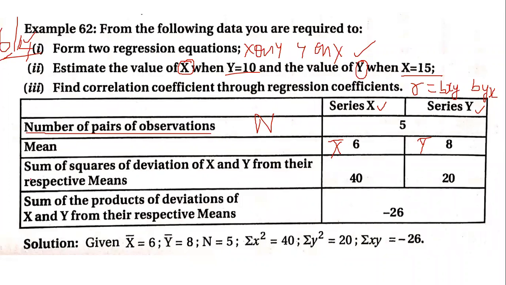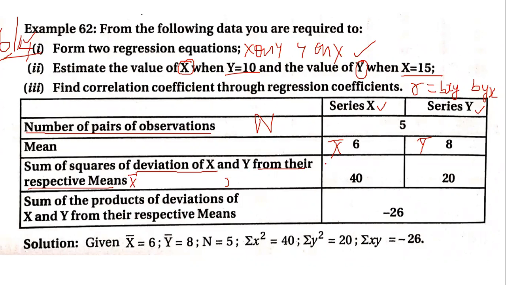Then, sum of squares of deviation of X and Y from their respective means. Now, understand how to read this. Deviation of X from their respective means. Deviation of X from X bar means they are talking about small x.